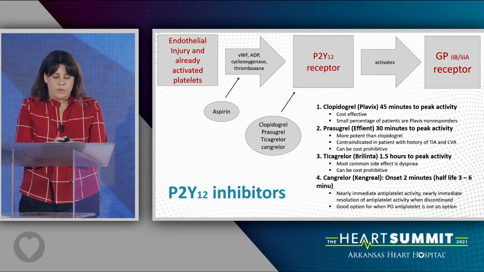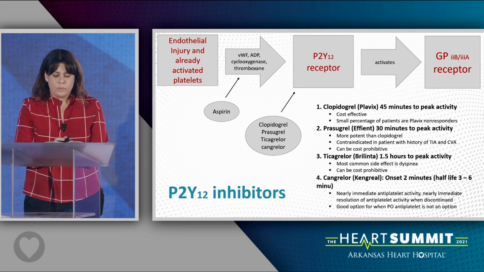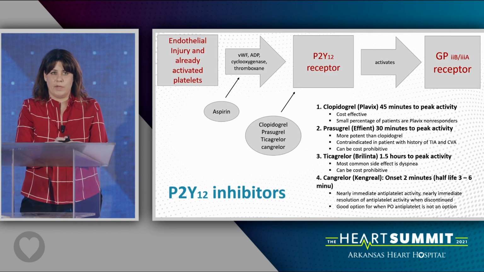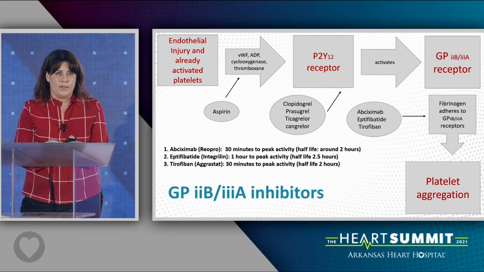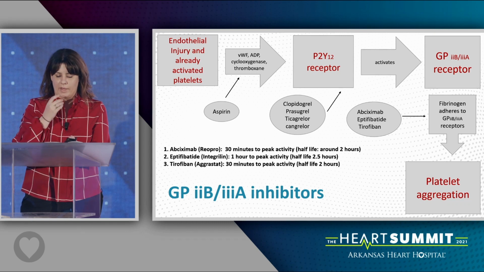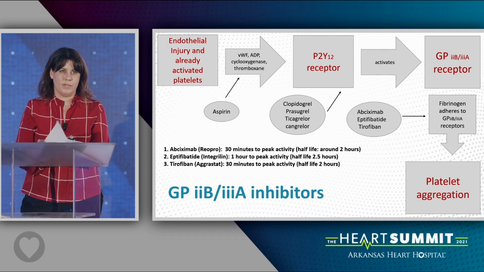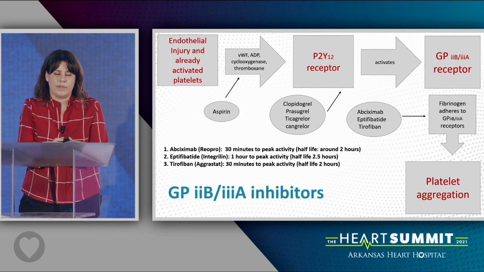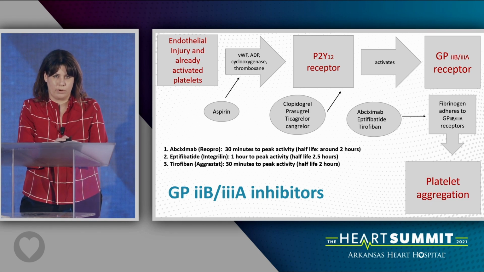If the P2Y12 receptor is activated, then it activates the glycoprotein 2B3A receptor. And that's the final pathway for your antiplatelets. This is where your medications such as ReoPro, Integrilin, and Aggrastat go in, and they adhere to that receptor and block it so that fibrinogen cannot adhere, because that's when fibrinogen would connect to other activated platelets and therefore create your thrombus.